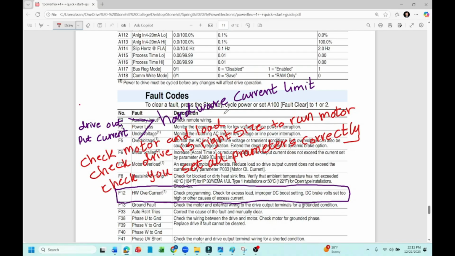Remember early in this series of videos, I think in the first video, we mentioned there is a parameter where you tell the VFD about your motor and give some information about it. Make sure all those parameters are correctly set for your drive.